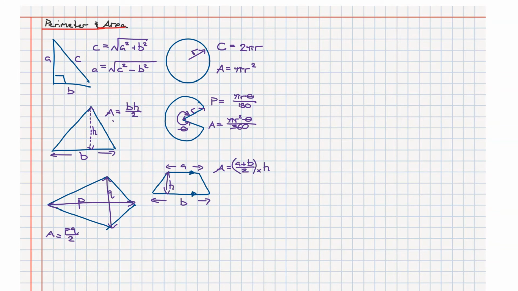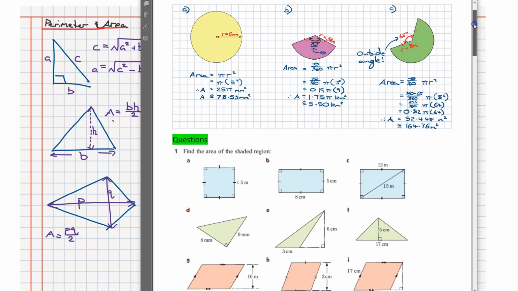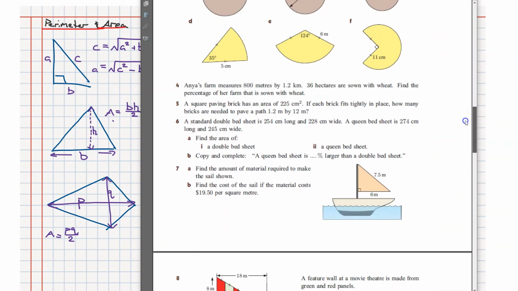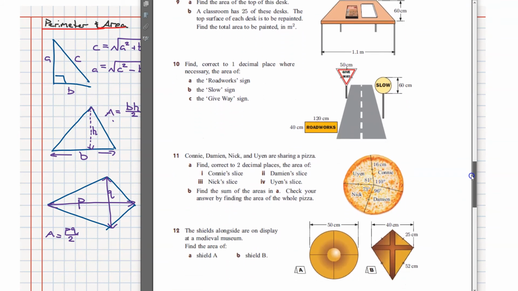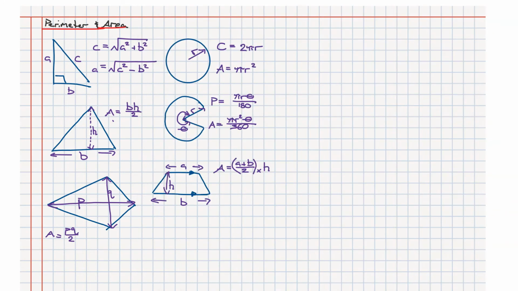Alright, so that will conclude most of the useful formulas I'd find for perimeter and area. Again, you can go through and have a look at, say, the area worksheet that we did and see if there are any particularly useful shapes in there or calculations in there that you may need. But keep in mind the help sheet, it's not a supplement for not doing study. Again, you need to make sure that you've done the appropriate amount of study.